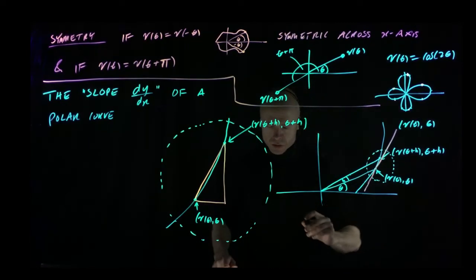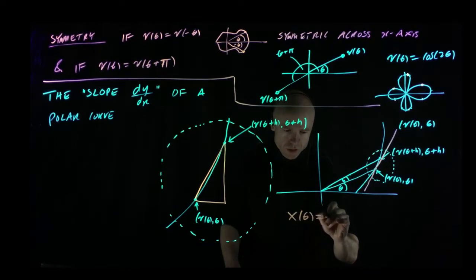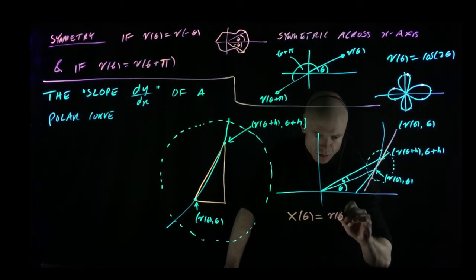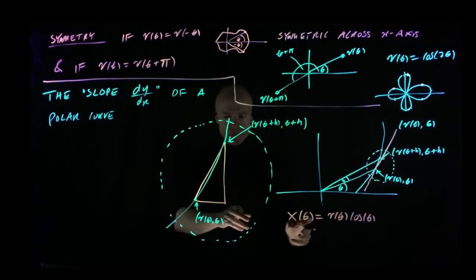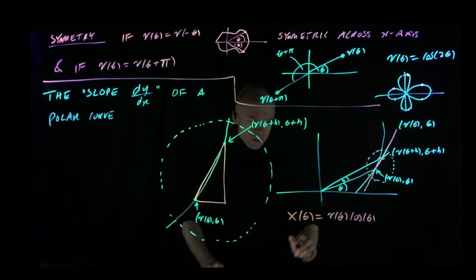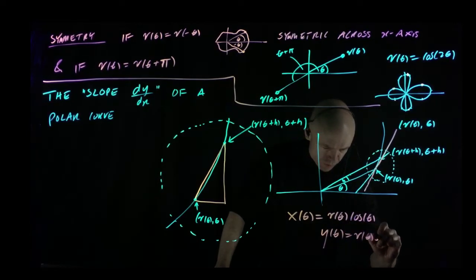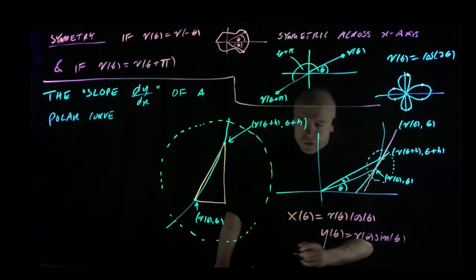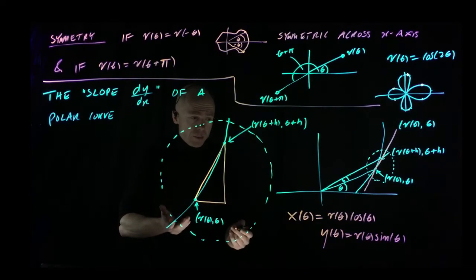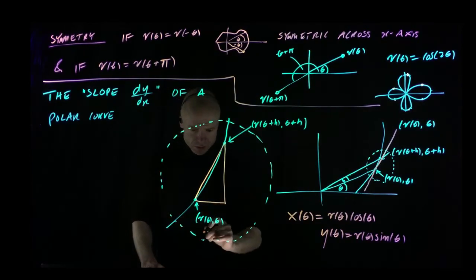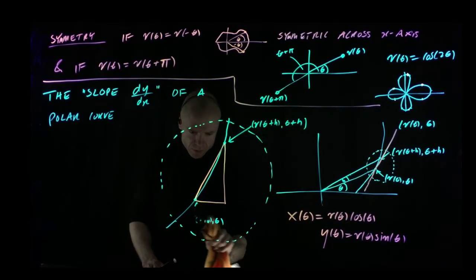So let's define this function x of theta to be r of theta cosine of theta. This gives us the x coordinate for every theta, just by trig. And let this one be r of theta sine of theta. That's the y coordinate. So this distance right here is the jump in the x coordinate. Let me actually put the coordinate on the other side so I have space to work.